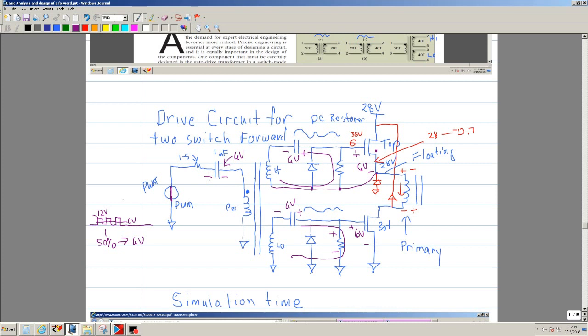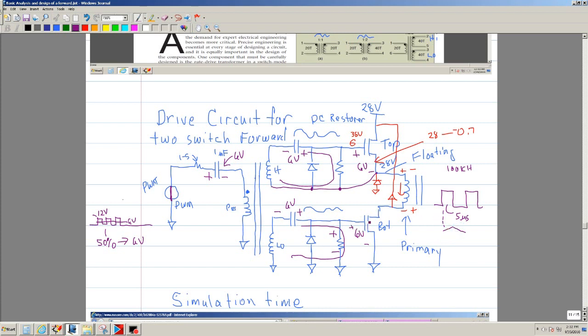That's not a problem, except that if you leave that current on, let's say, typically we've designed it for, let's say, 100 kilohertz. So the time period is going to be 5 microseconds. We know that the current in the primary is going to go something like this, and then something like that, and so forth.